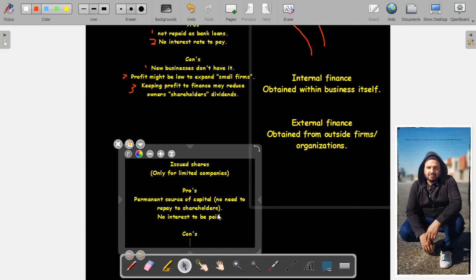So these are the advantages. The disadvantages: dividends are paid after tax, while interest is paid before tax.